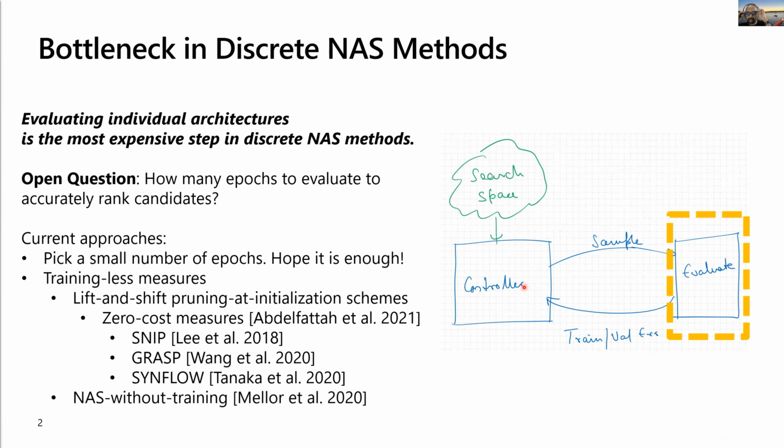At a high level, this is what all discrete NAS search algorithms look like, especially in massive search spaces like the NATS-Bench 301 search space, which has easily 10 to the power 18 architectures or more. The whole hope is that your controller has an update law which efficiently explores.